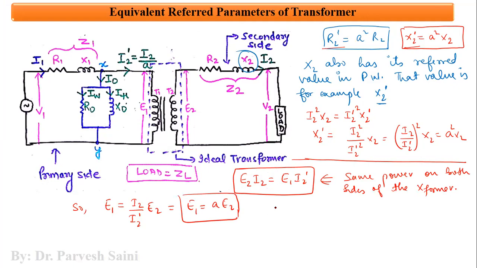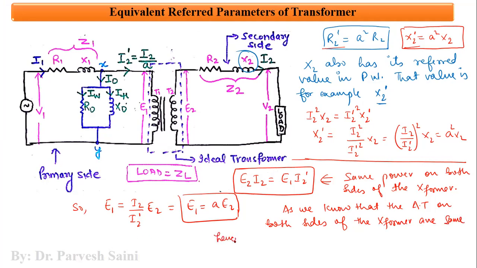So as we know that the ampere turns on both sides of the transformer are same, hence I2 T2 is equal to I2 dash T1, or I2 dash is equal to I2 T2 by T1.